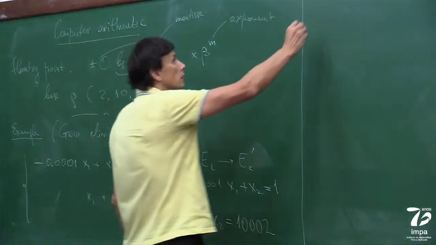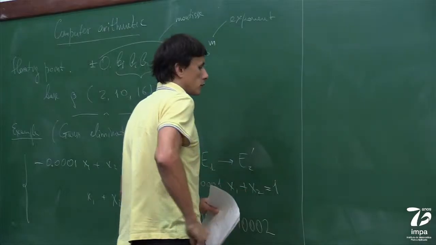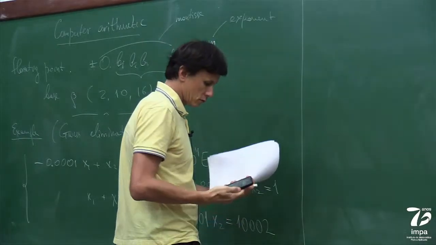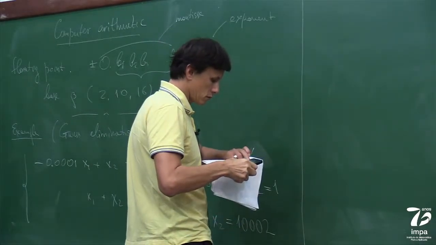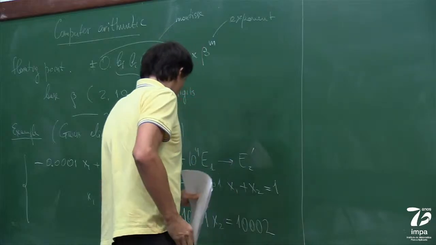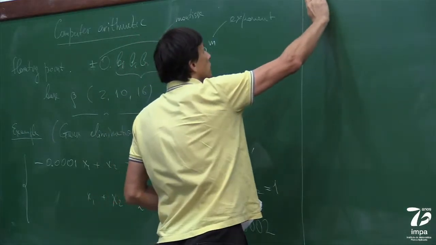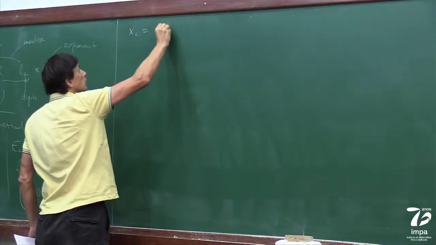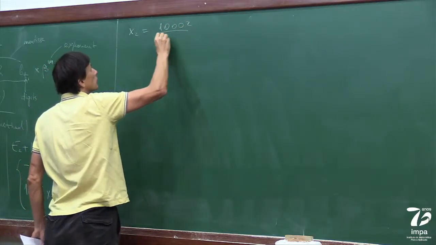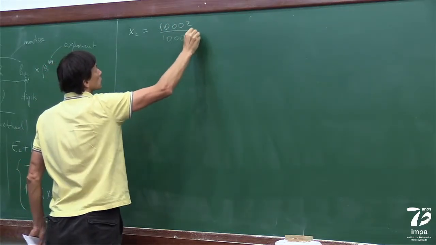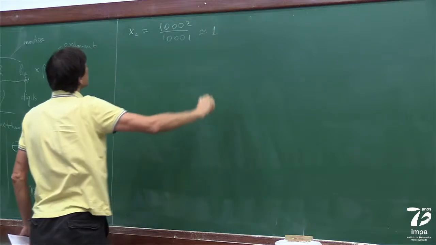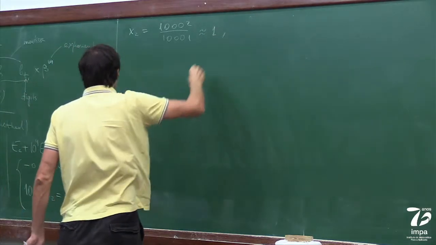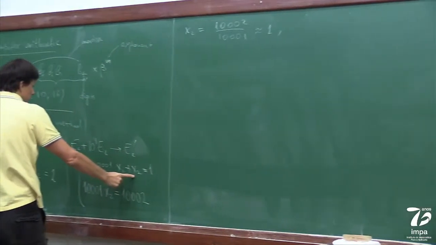So you find first x2 from the last equation. It will be 10,002 divided by 10,001. So this is something very close to 1. And then you back substitute this value here.